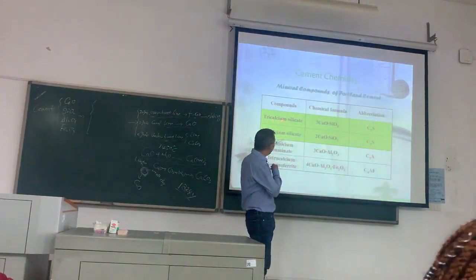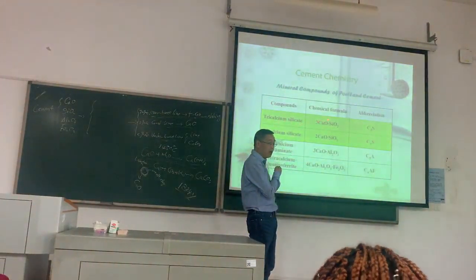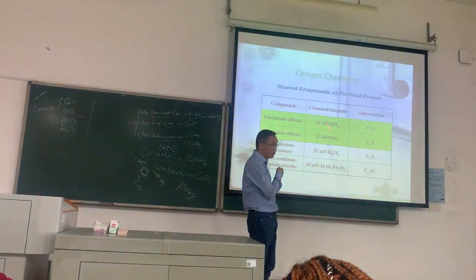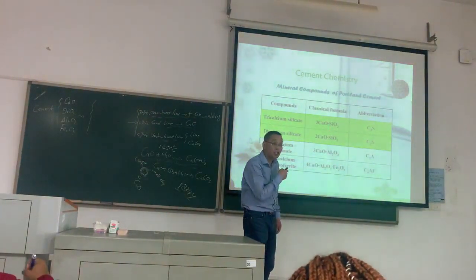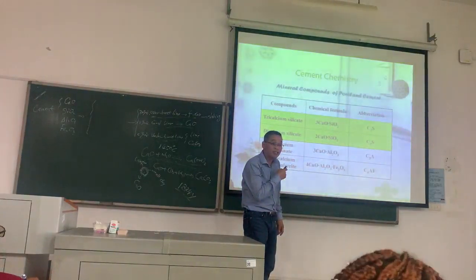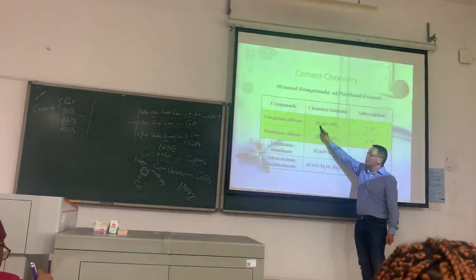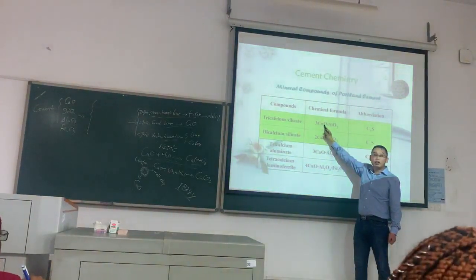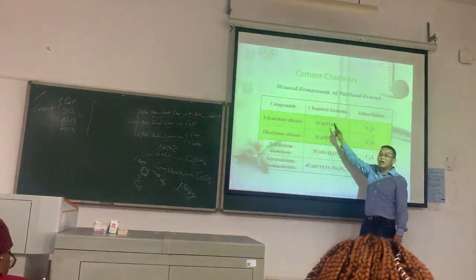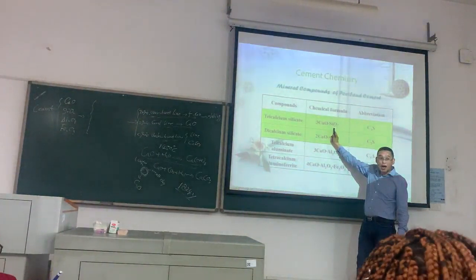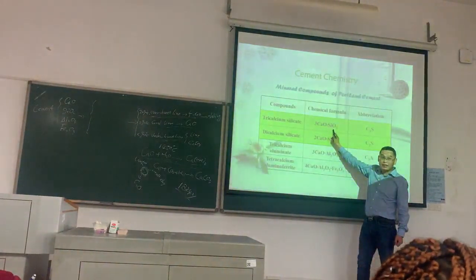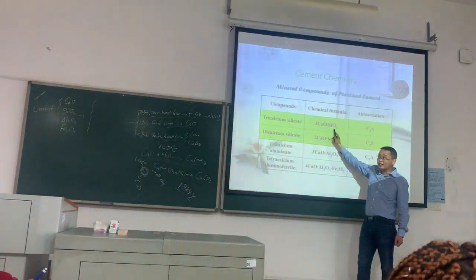So for the tricalcium silicate, how about the chemical formula? It consists of 3 calcium oxide and 1 silica.